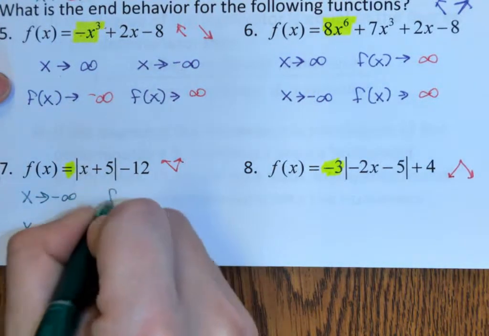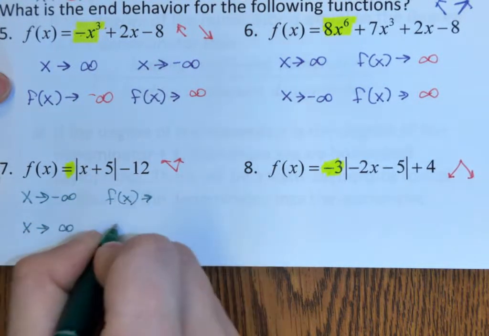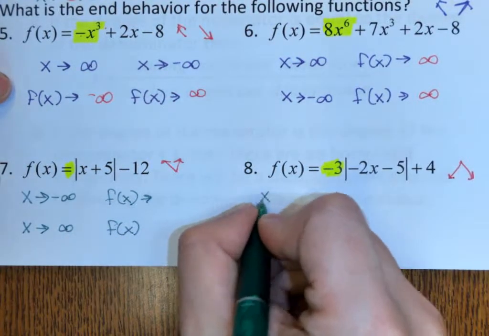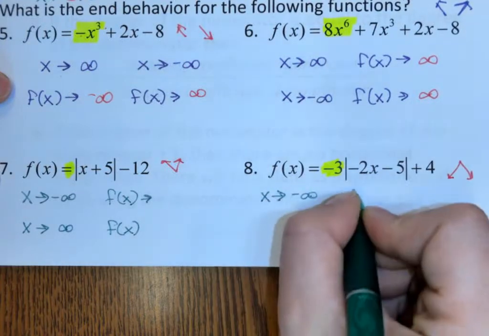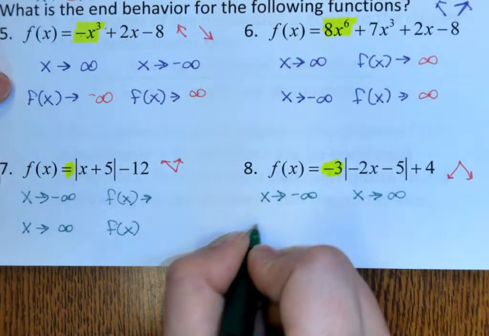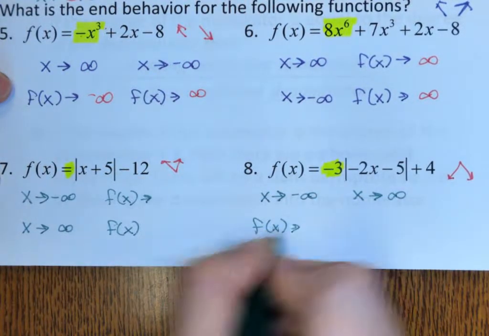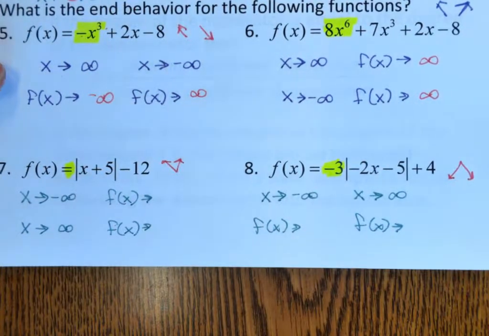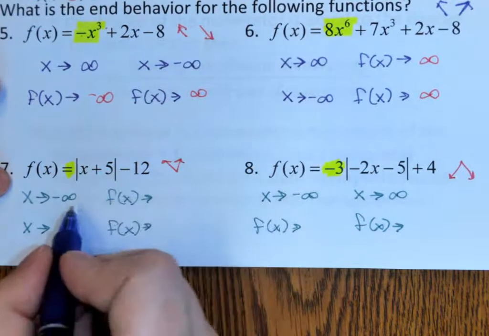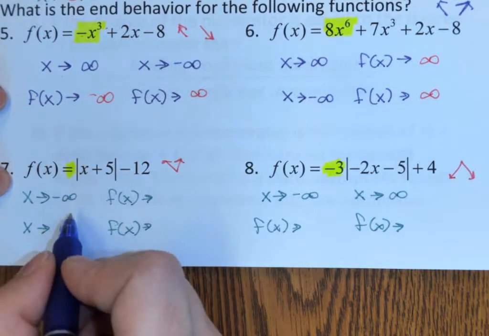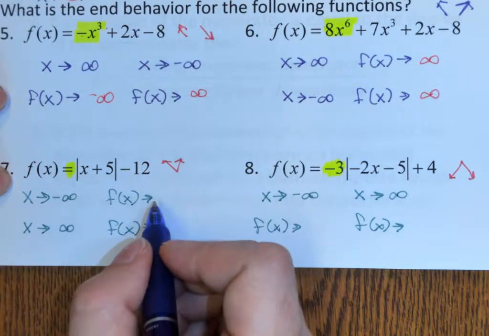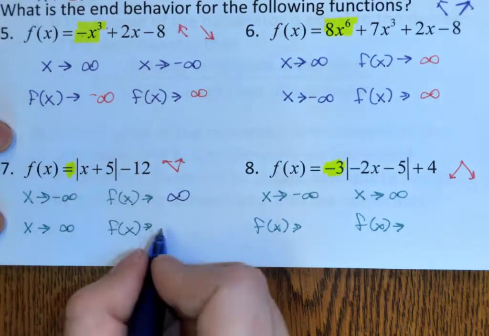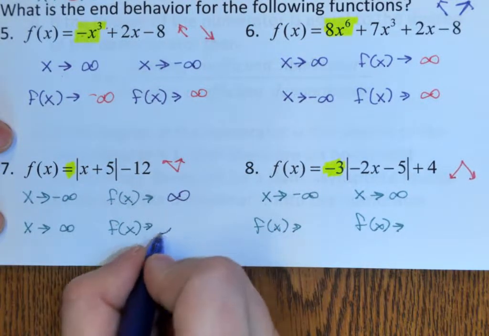And again, I'm just trying to make it so you have to think a little bit and don't just go straight towards always following one pattern. So as x goes to negative infinity, what is f of x going to do? Go to infinity. As x goes to positive infinity, f of x goes to positive infinity.